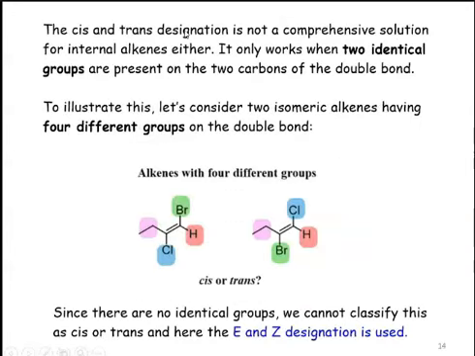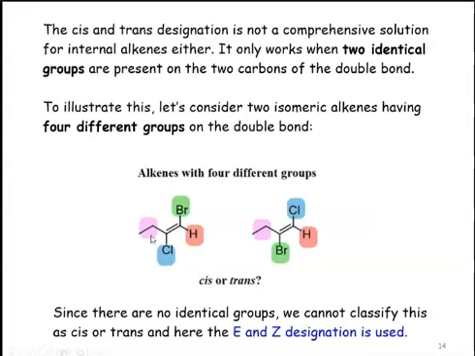The cis-trans designation is not a comprehensive solution for internal alkenes either. It only works when two identical groups are present on the two carbons of the double bond. To illustrate this, let's consider two isomeric alkenes having four different groups on the double bond.